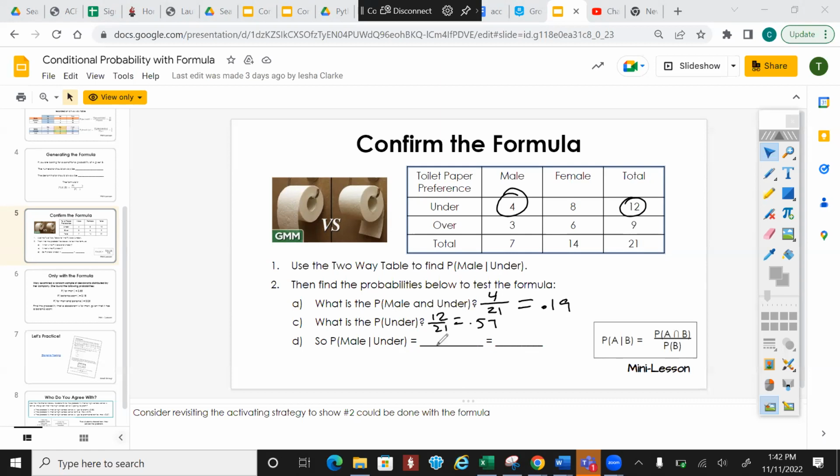Now, we want to find the probability of male given that it's under. That means I'm going to take this 0.19 and divide it by 0.57, right? If I take 0.19 and divide it by 0.57, I get 33%. With me?